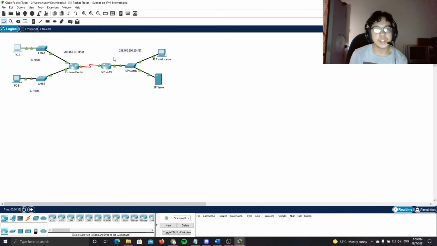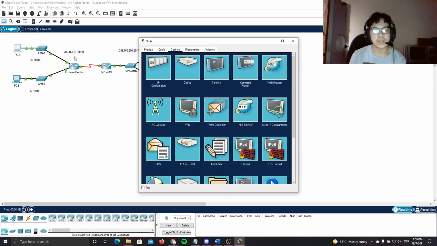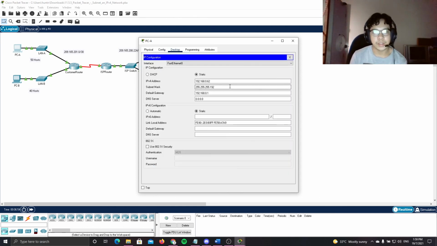So after finishing configuring these devices, that means all of the devices are connected. So now we can use the ping command to test the network connectivity on both subnets. In order to do that, first we go to the PCA. First we test the ping of PCA. So we go to the IP configuration, and then as you can see, our address is 192.168.0.62.